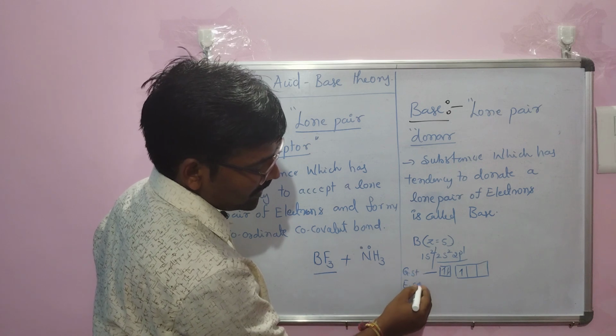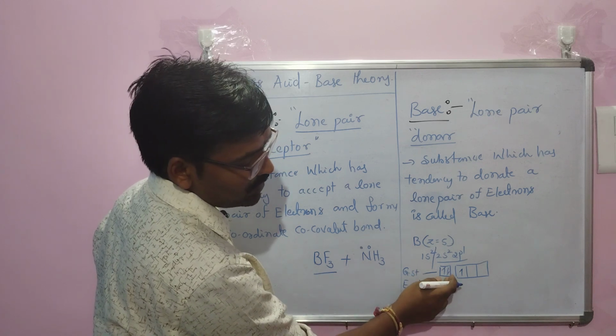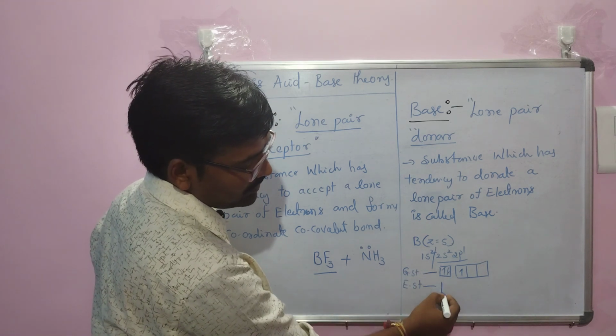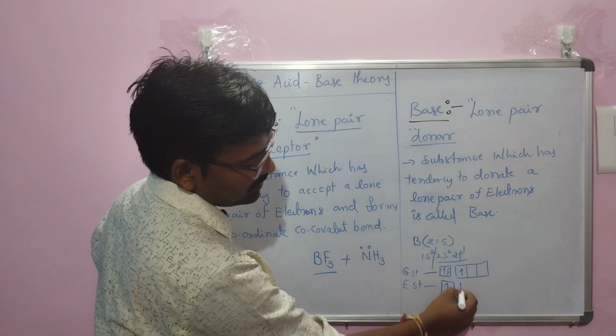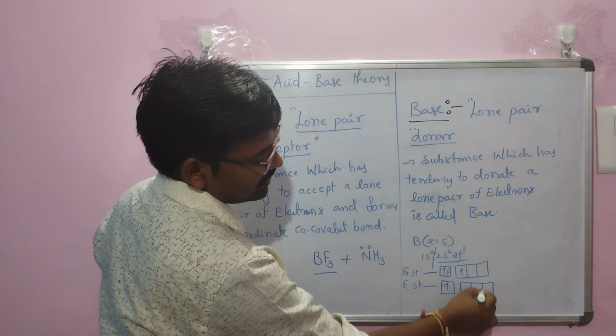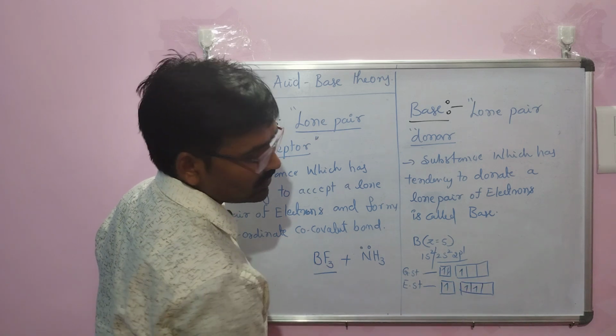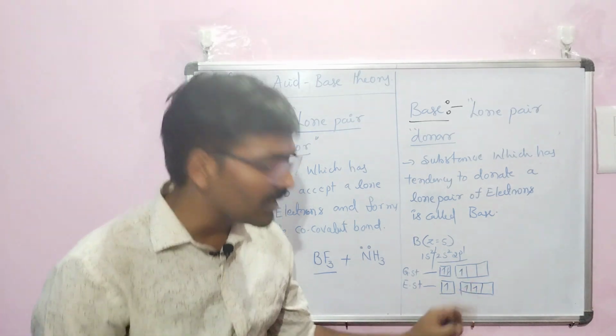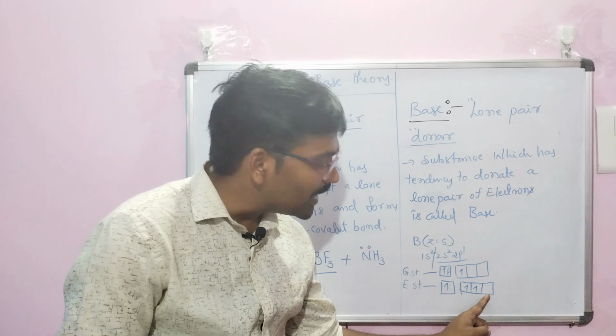In the excited state electronic configuration, one electron jumps from the s orbital to the p orbital. So boron is surrounded by 3 unpaired electrons and 1 vacant orbital.